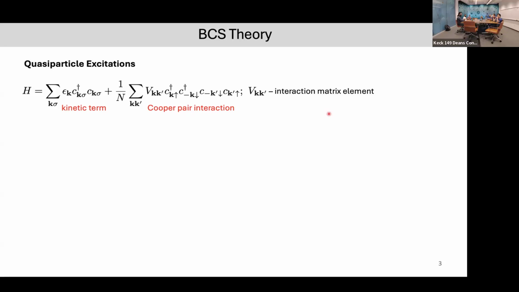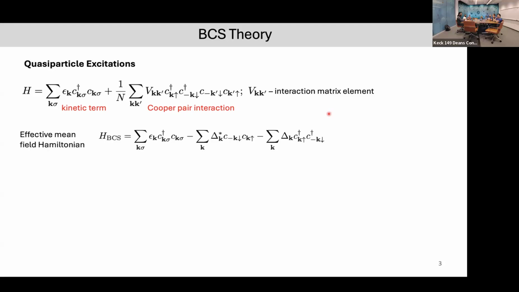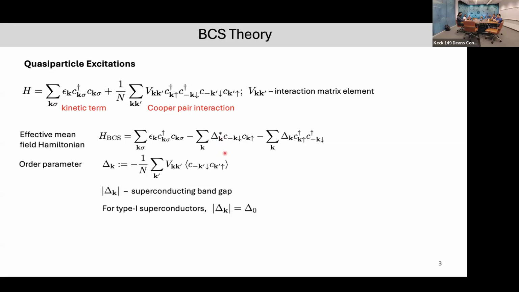So what BCS did was they applied the mean field approximation to it, and they broke down this four operator interaction term into two operator terms. And in doing so, they introduced a new parameter known as the order parameter, which can be expressed as an expectation value of the annihilation of a Cooper pair weighted by the potential values between them.